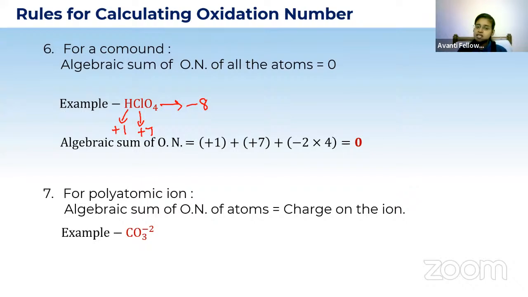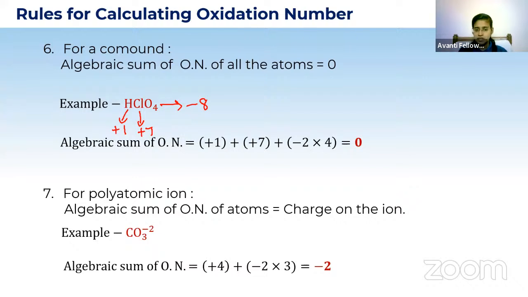For this polyatomic ion, if you sum up the oxidation numbers of all the atoms, for carbon it is +4, right? And here we have 3 oxygens and each oxygen carries -2 charge. So -2 into 3 is -6. And this 2 minus is the charge of the ion.